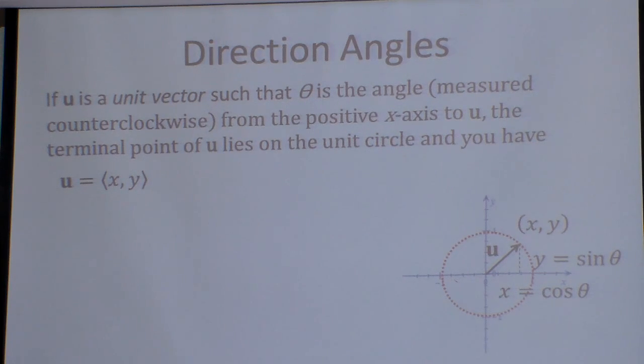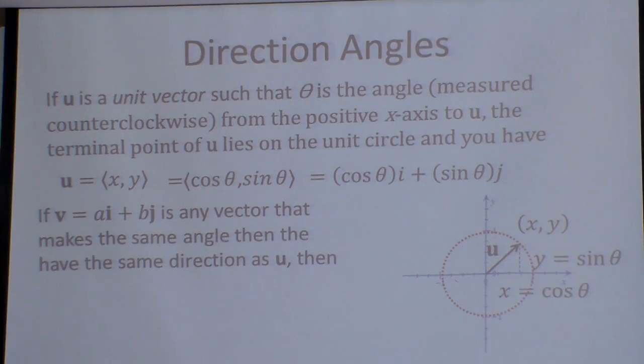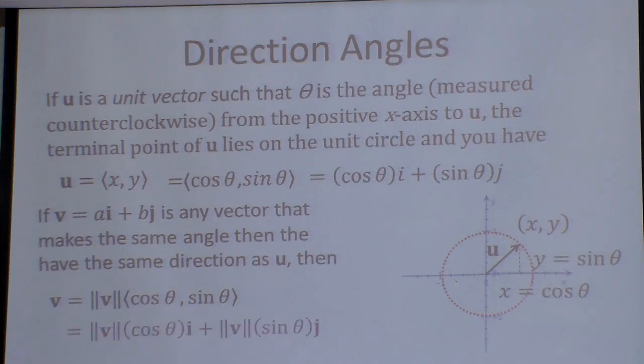So now we know, let's say u is equal to ⟨x, y⟩. That means it's also equal to ⟨cosine theta, sine theta⟩, because that's x, and that is y. And we can add the i's and the j's. So, if v is ai plus bj, any vector in the same direction as u, then the magnitude times this ⟨cosine theta, sine theta⟩ will be our vector.